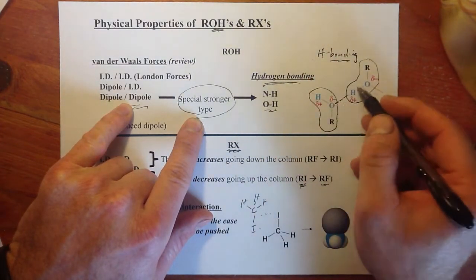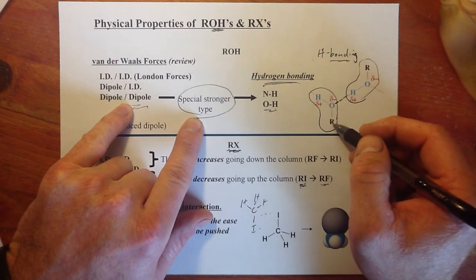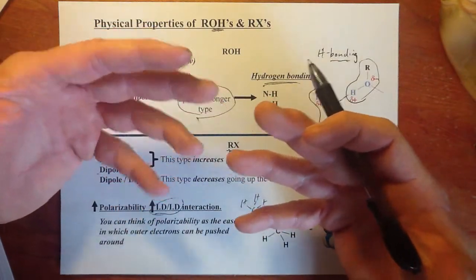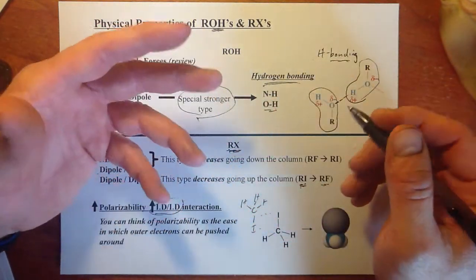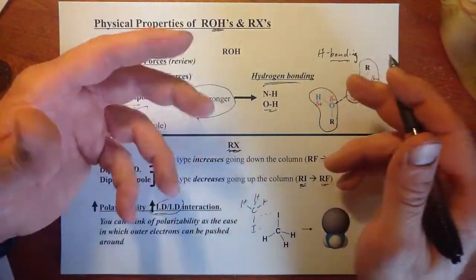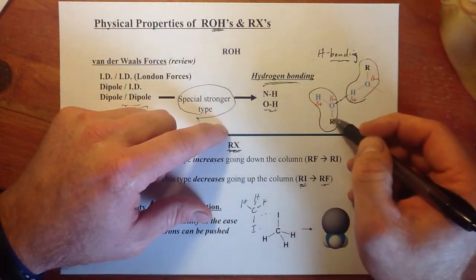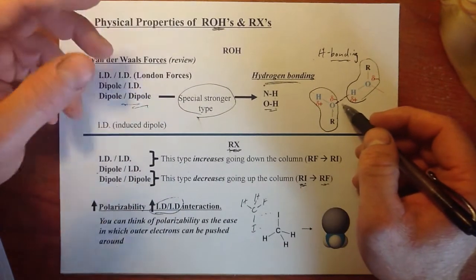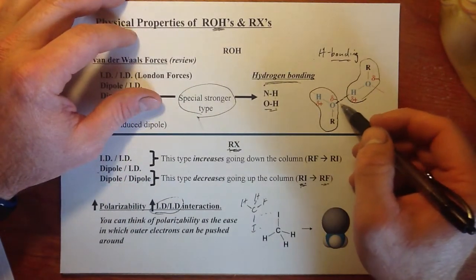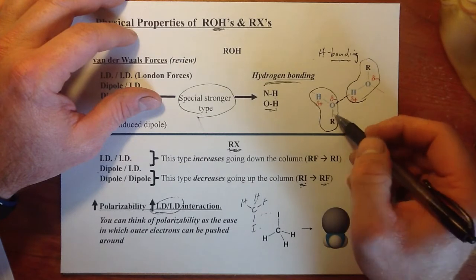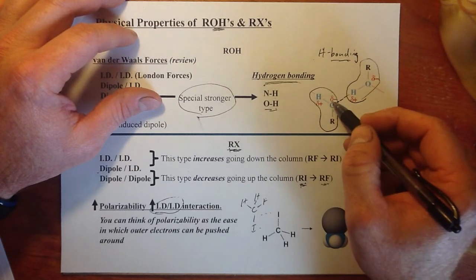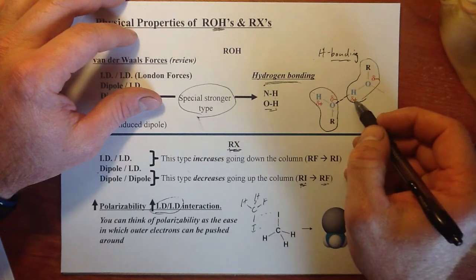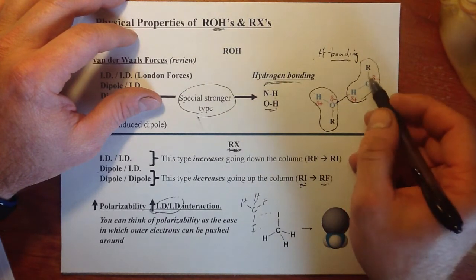So we've just drawn a simple picture here of 2 molecules of an alcohol that could have some aggregation or some weak intermolecular interactions. Maybe 5 kilojoules per mole is your bonding strength, whereas a covalent bond is around 100 kilojoules per mole. So about 5% of a covalent bond. The oxygen of one alcohol is partially negative, and it's lined up across from a hydrogen that's partially positive on another alcohol.